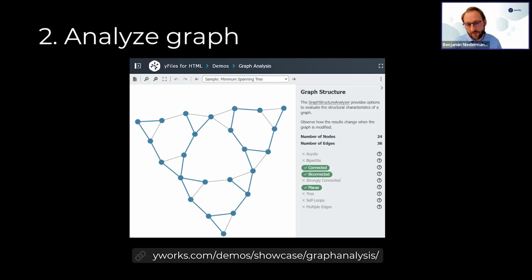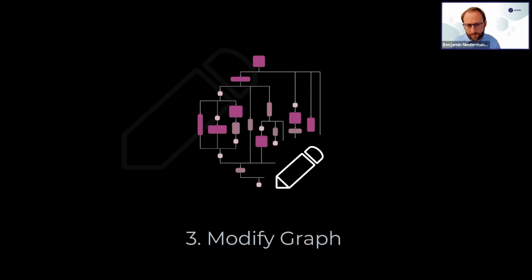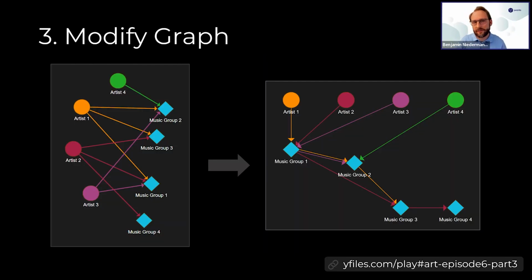And now I would like to go to the next step, namely modifying the graph. Sometimes, after loading the graph, you would like to modify it in order to change the structure a bit, or to emphasize certain structures. In our use case, we would like to emphasize the temporal structure, so the order in which the artists became members of the corresponding groups.